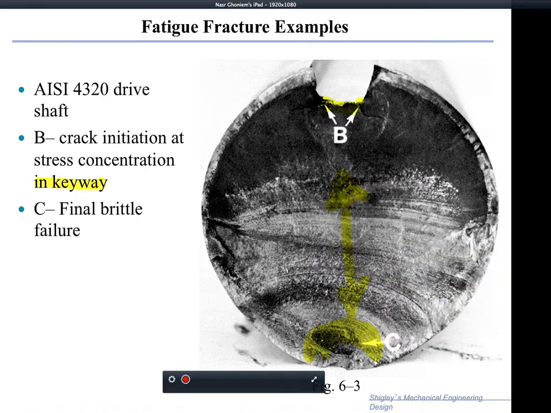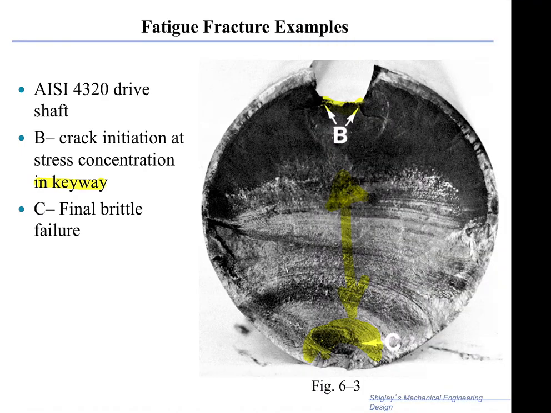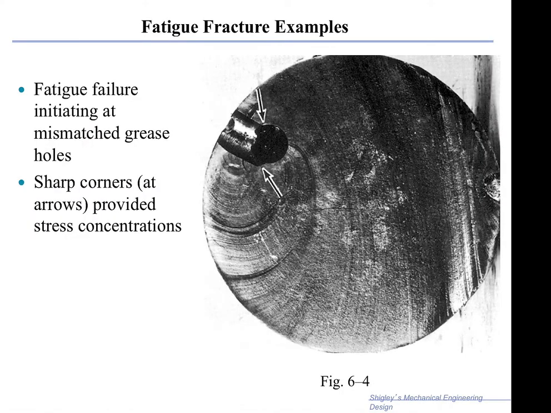So let's look at other examples here where we see a fatigue fracture example, and this is initiated again at a stress concentration zone due to the mismatched grease hole.